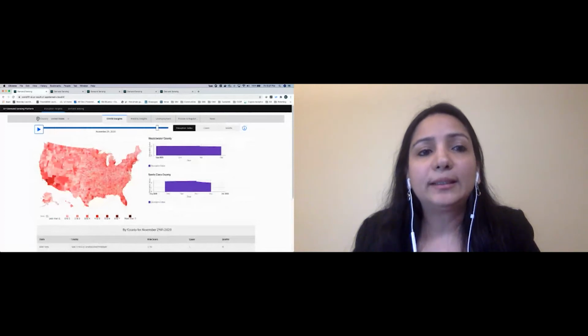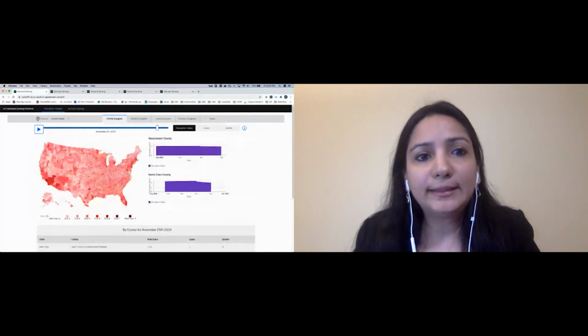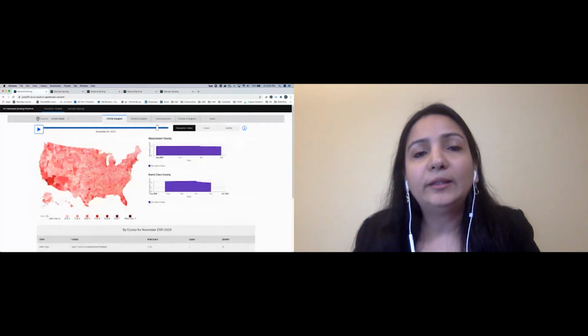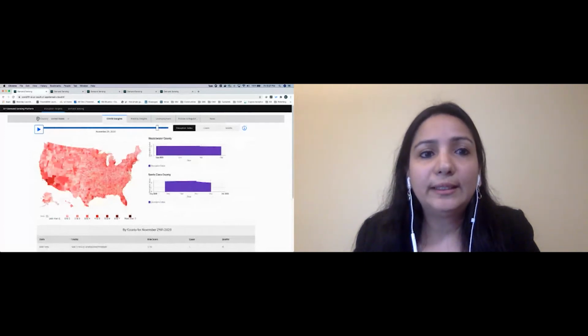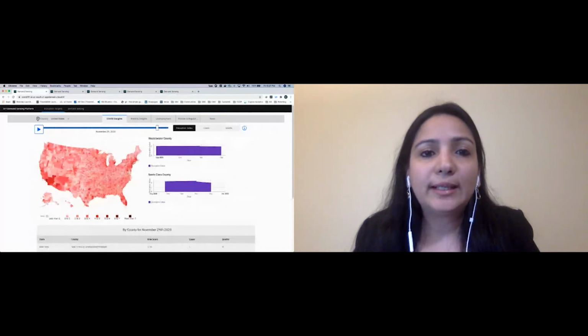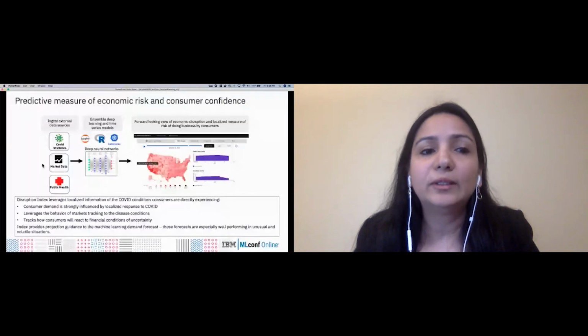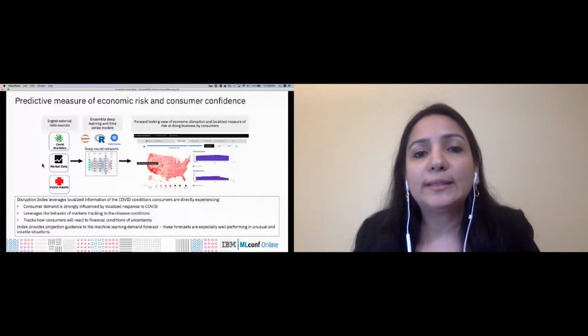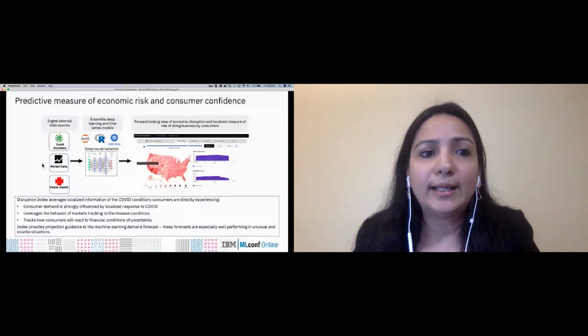We built this composite volatility measure that uses market and economic data. And then we also know that consumers are very keenly aware of the global pandemic numbers. So this in turn has an impact on our composite volatility measure, and it tracks with a very high correlation to the global case numbers. So in other words, what this is doing is it's describing how consumers are reacting to uncertainty in financial conditions.